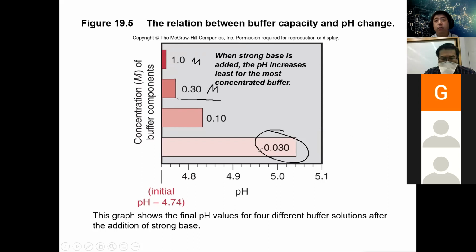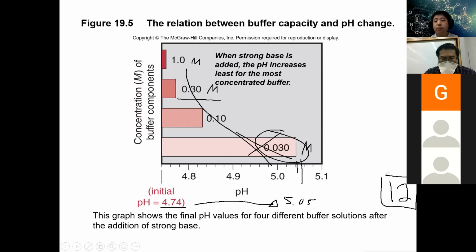If I had such a small amount, 0.03 molar, it should affect my pH much more significantly. But if you look at the numbers relative-wise, 4.74 to about, I would say this is like 5.06 or 0.05, right? It is still a very small change, but it's relative based on the concentration. Now, if we have no buffer whatsoever, then we would be seeing a pH of 12 in the process. Does this make sense to everyone?